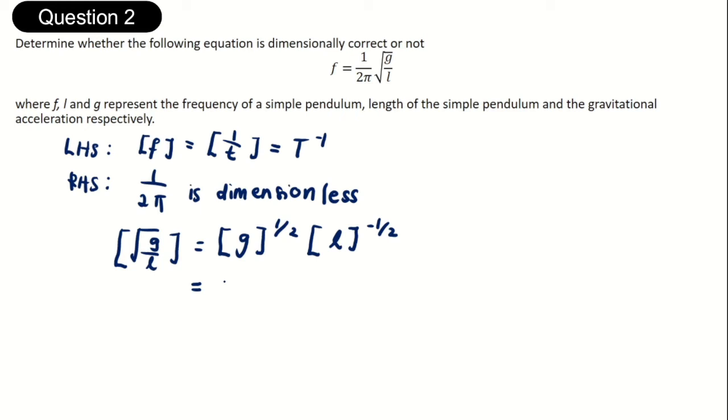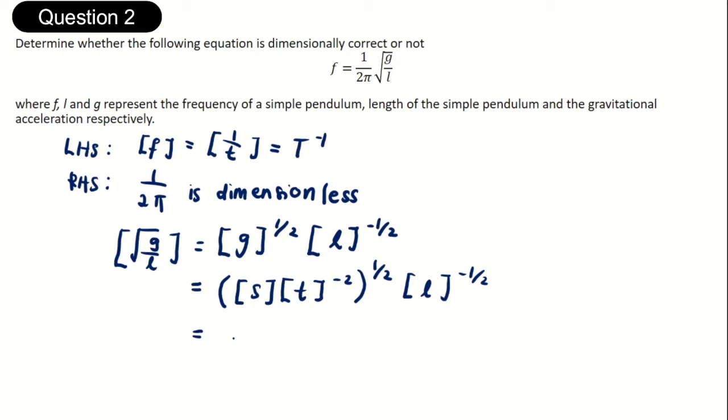Remember in the previous video, we already derived the dimension for gravitational acceleration. It is the dimension of displacement multiplied with the dimension of time to the power of negative 2. Both dimensions we need to raise to the power of 1 over 2 because they belong to the gravitational acceleration.